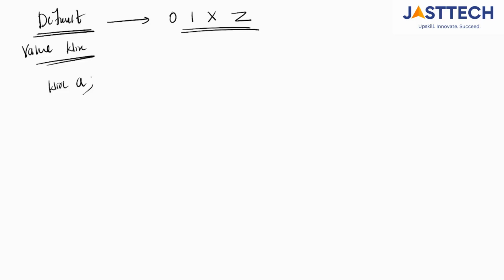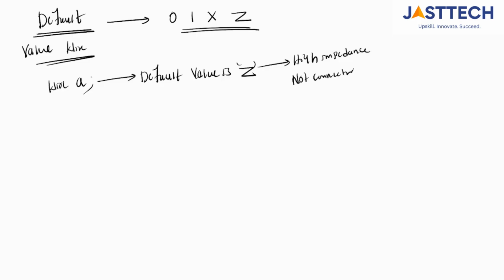For wire A, the default value is Z. Z means high impedance. Last class we already saw Z, high impedance, or not connected, just open circuit. So this is about the net data type.